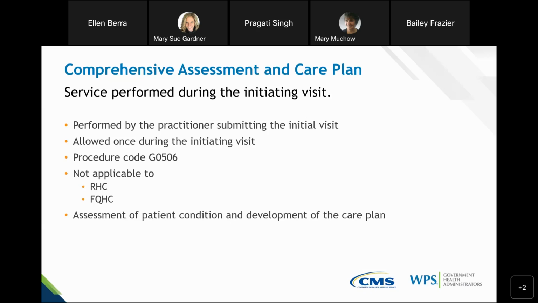And you can see it there, the G0506. Now, there's no time attached to this procedure code. However, you do have to have the documentation to support that comprehensive assessment of the patient and then the development of the care plan itself.